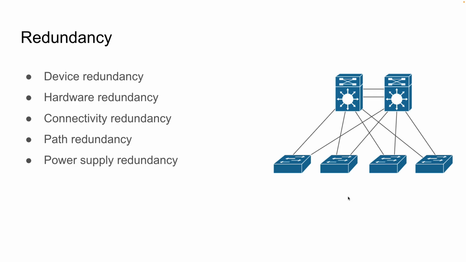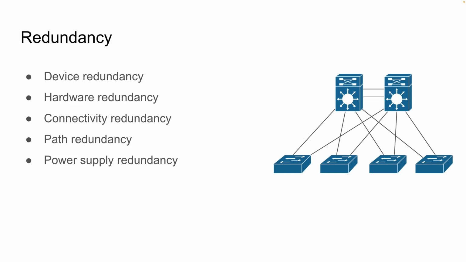There's also connectivity redundancy. You can see here between two devices, you have two parallel connections. Of course, the number of connections can be increased, but so that the diagram is not clogged, I just used two parallel connections. There's also path redundancy. It's when you use two or more equal cost paths through your network.